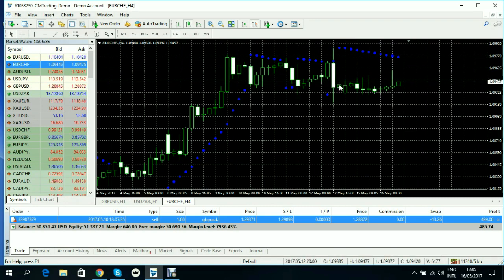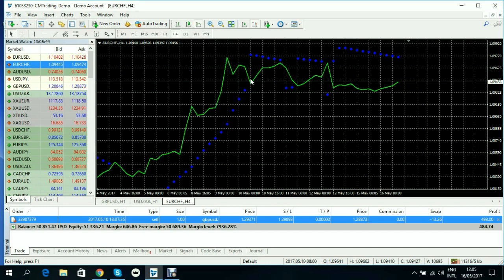From here you can see it's trading sideways or is consolidating. It's trading in a very tight range. This way it is not good to use the parabolic.